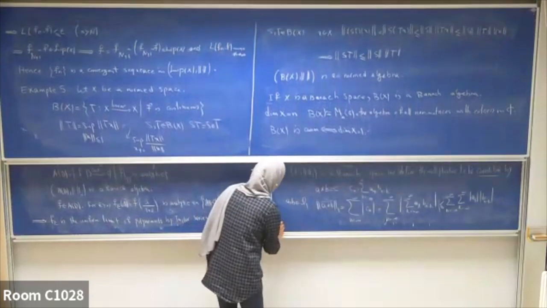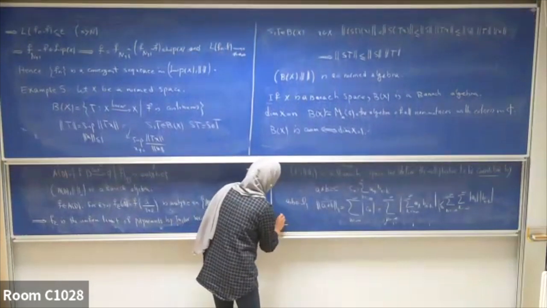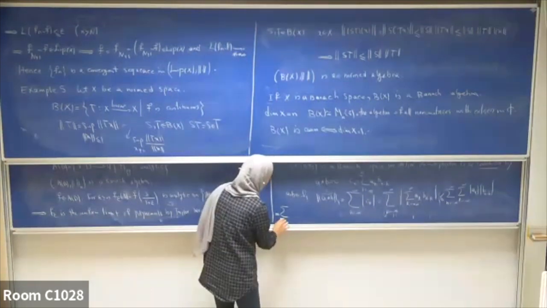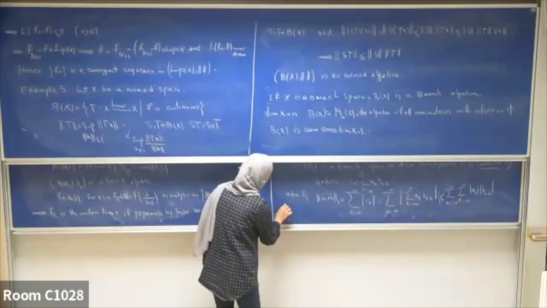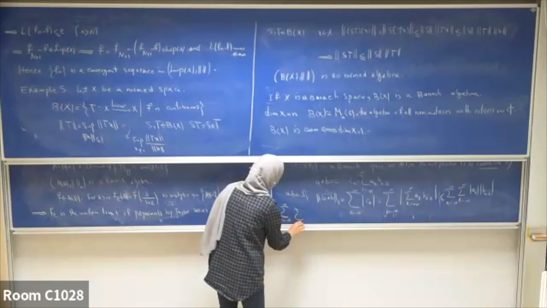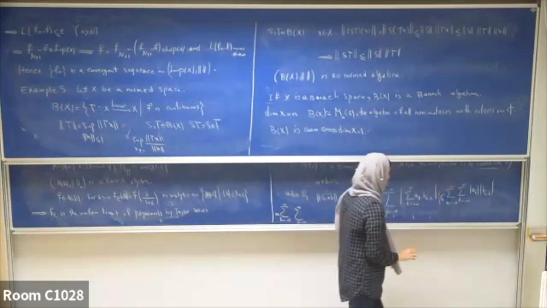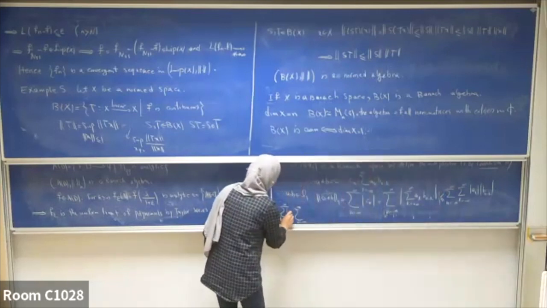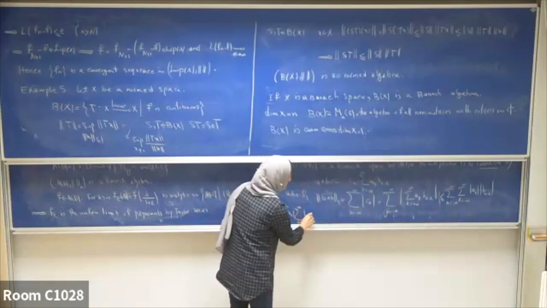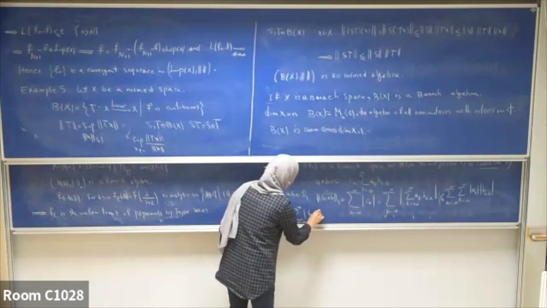Okay, I changed the order, and we have k, and here n, and I take out A_k, and the other is B_{n minus k}.